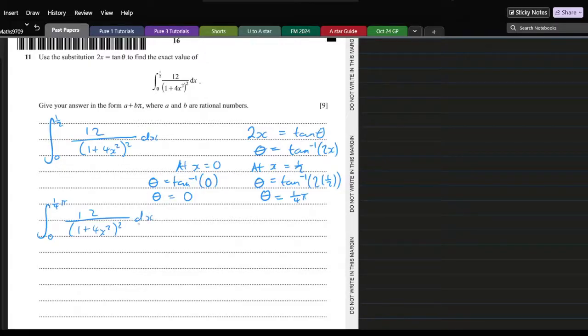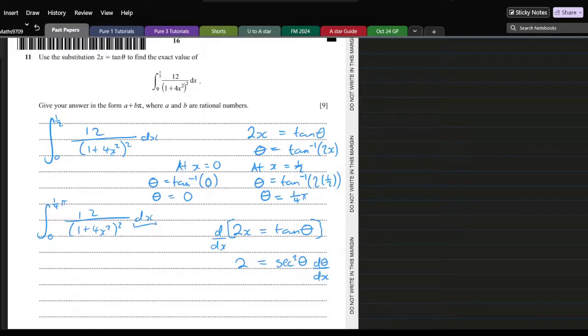And then the next thing we want to do is to get rid of dx. So that means we have to find an expression for dx in terms of d theta. For that we'll use our substitution again, 2x is equal to tan theta. If we differentiate this implicitly, we get that 2 is equal to sec squared theta, and this will be d theta dx.